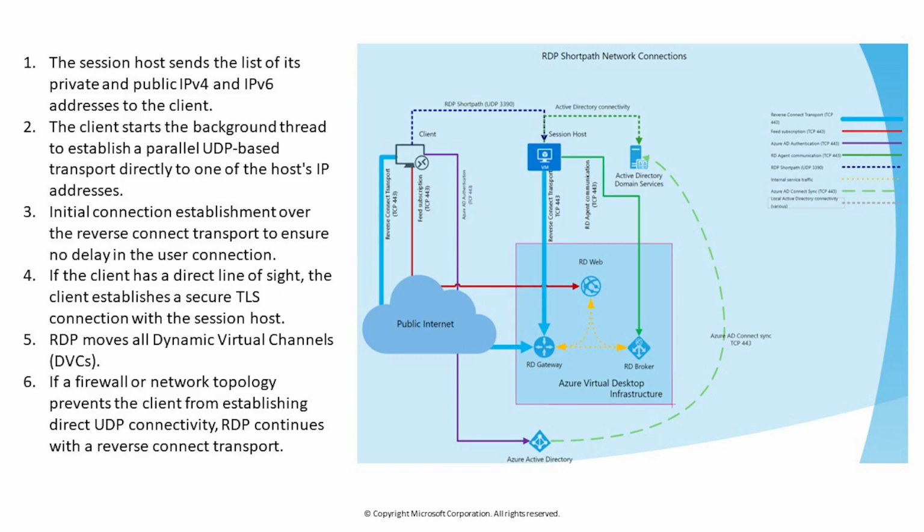That is how it's relevant. As you can see, the session host sends the connection, the client starts connectivity, and the initial connection starts with the reverse connect transport. If by any chance the client has a direct line, they can establish a secure connection. So what you are going to use is nothing but the Short Path configuration.